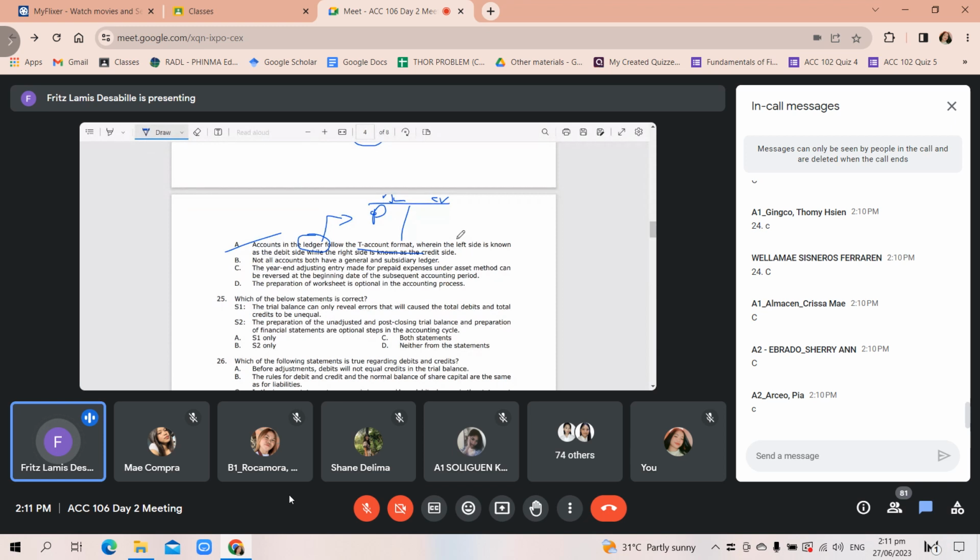Cash has no SL. PPE can have a subsidiary ledger. Usually, those with a subsidiary ledger are AR, AP, and PPE. So, some other items like prepayments and cash do not have an SL. So, this is also correct.